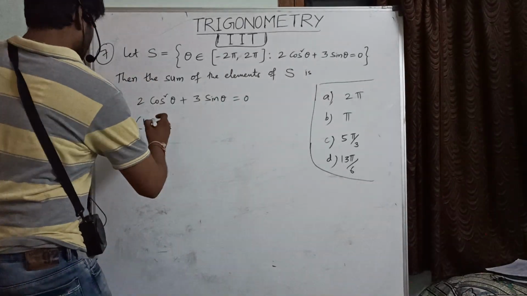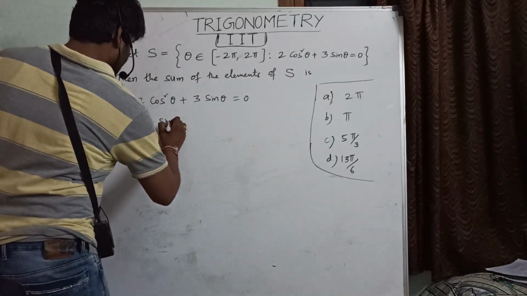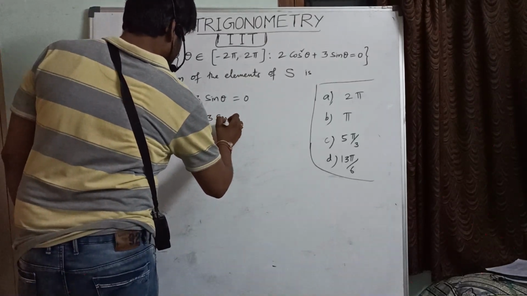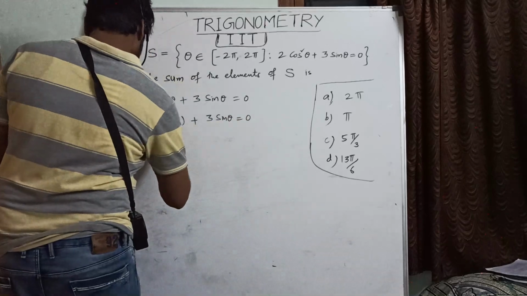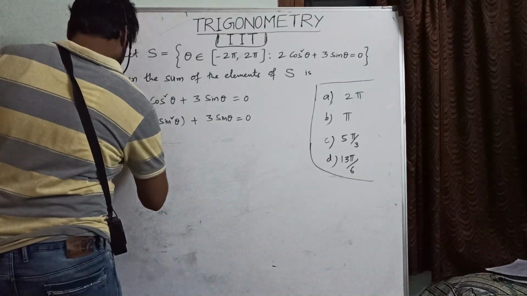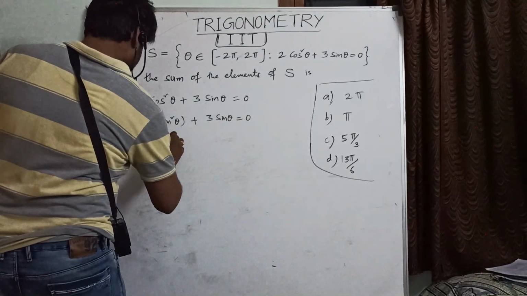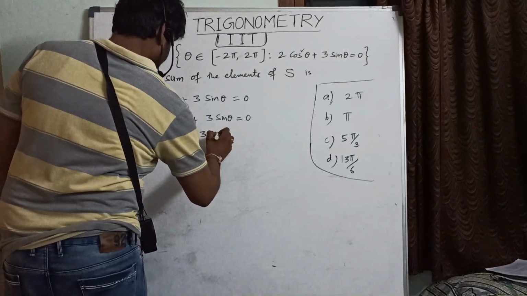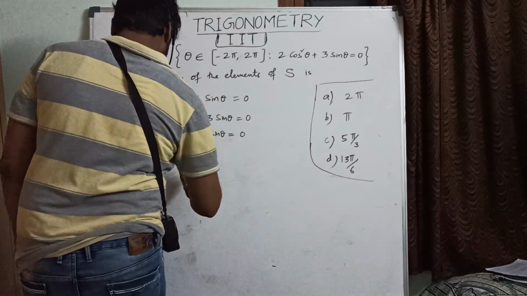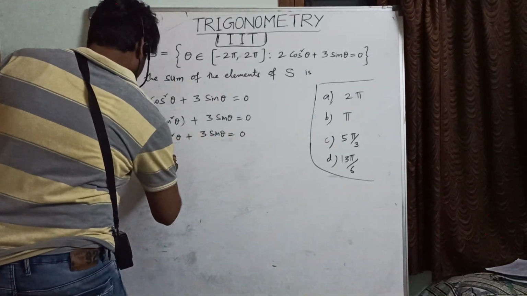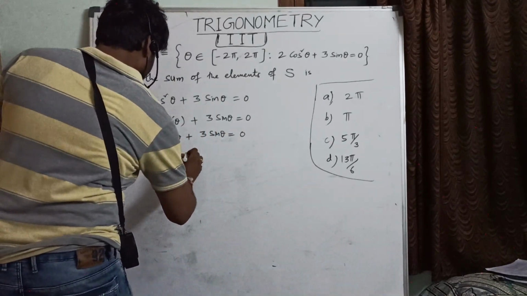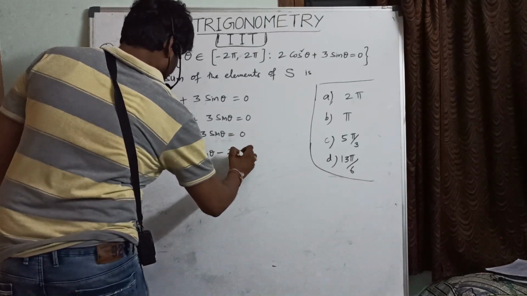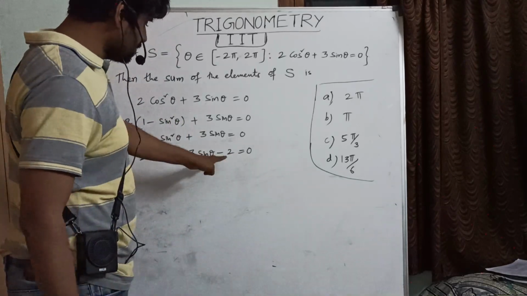Okay, so 2 into 1 minus sin square theta plus 3 sin theta equal to 0. Now if you simplify, 2 minus 2 sin square theta plus 3 sin theta equal to 0. Clear? So from this what can I get? 2 sin square theta minus 3 sin theta, I am taking minus common there, minus 2 equals 0.